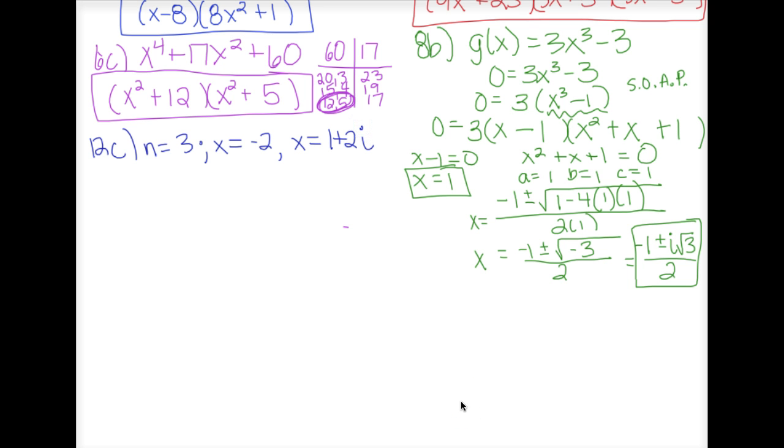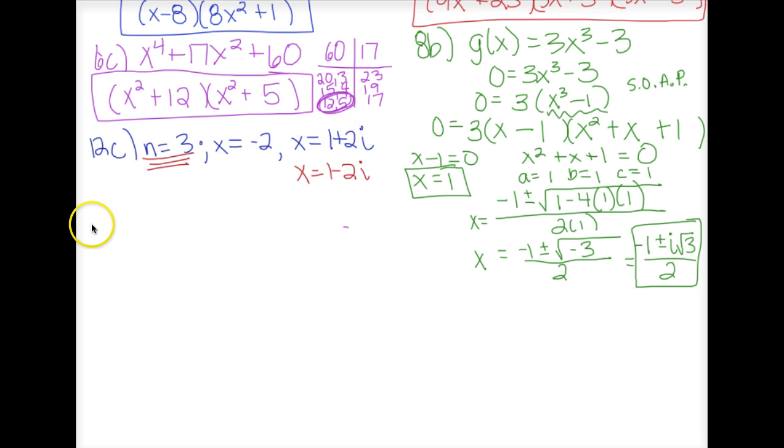So the very important thing here is that we need to remember that imaginary or complex roots always come in pairs. So even though they didn't list it, if x equals 1 plus 2i is a zero, that means x equals 1 minus 2i is also a zero, which makes sense because if n equals 3, I should have 3 factors listed. So this is all of them.